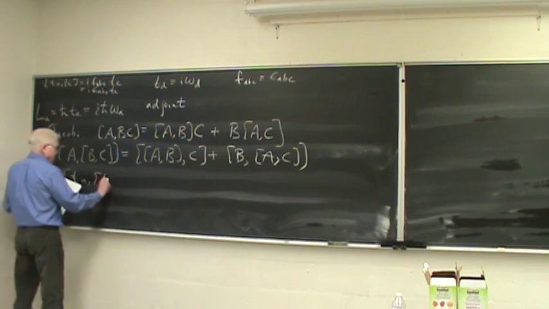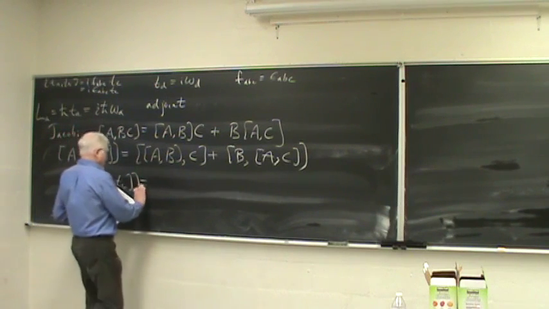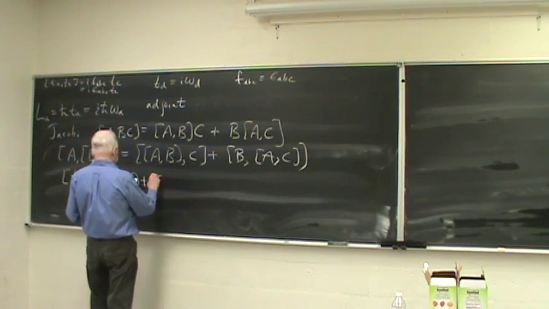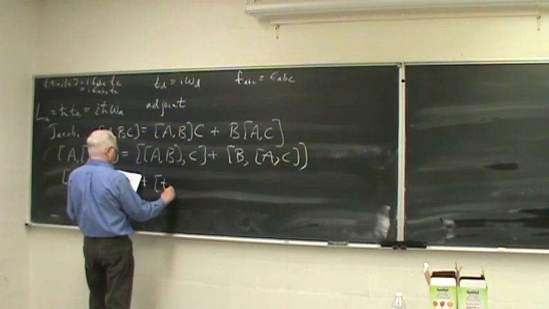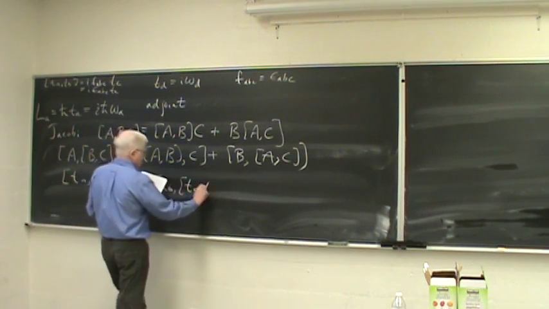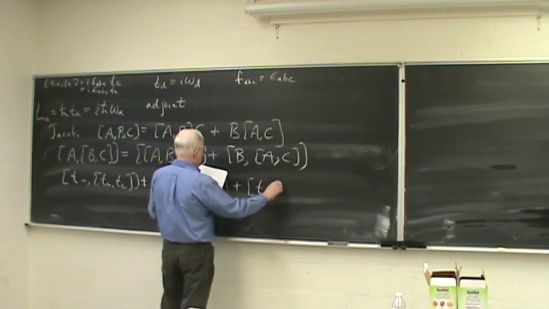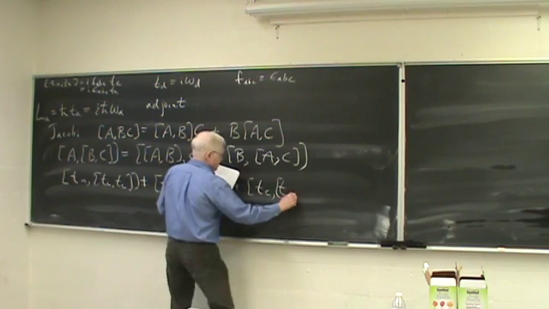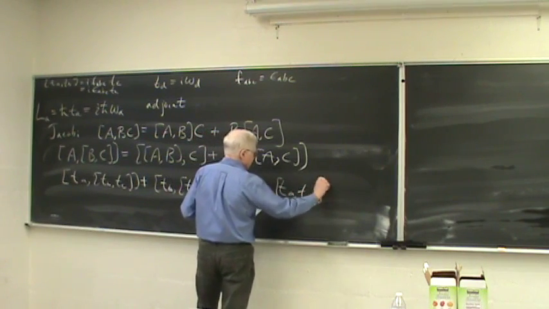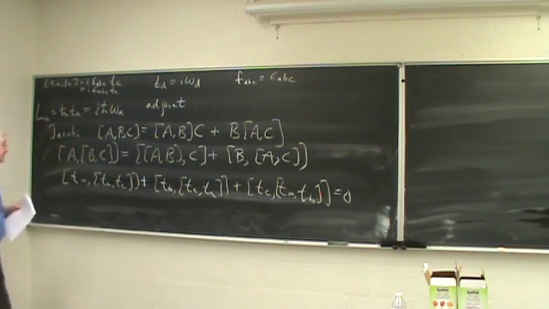[T_A,[T_B,T_C]] plus [T_B,[T_C,T_A]] plus [T_C,[T_A,T_B]] equals 0. So that's the Jacobi identity for an arbitrary representation.